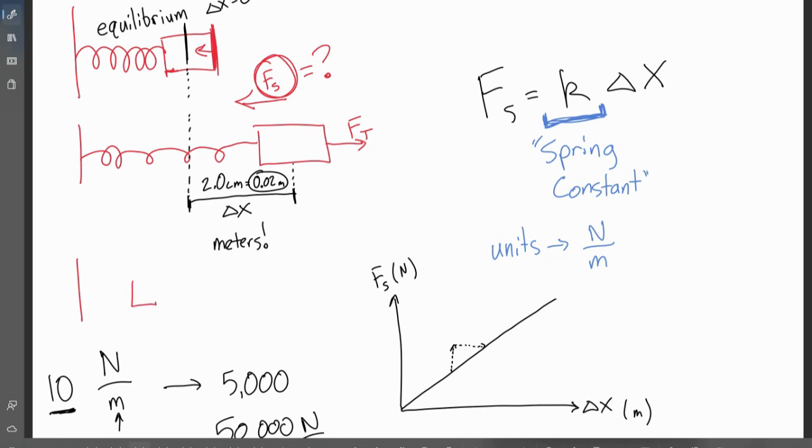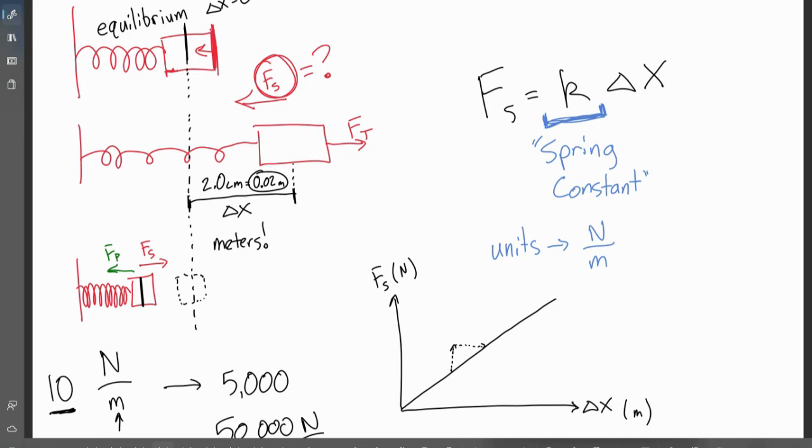Well, if I push that way, that means that my spring is going to be really compressed now. So the spring force is going to push back. Spring force will always push toward this equilibrium position because the box wants to be in the equilibrium position, but I brought it over here by using a pushing force. So the spring force is going to try to return it to this equilibrium.